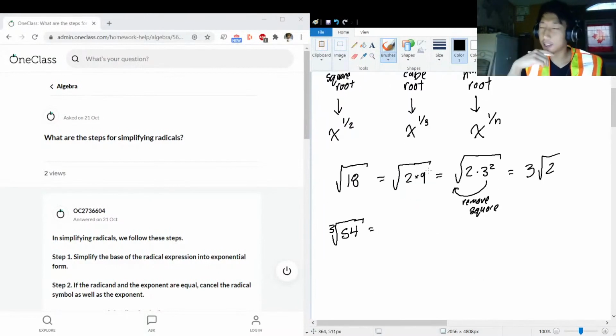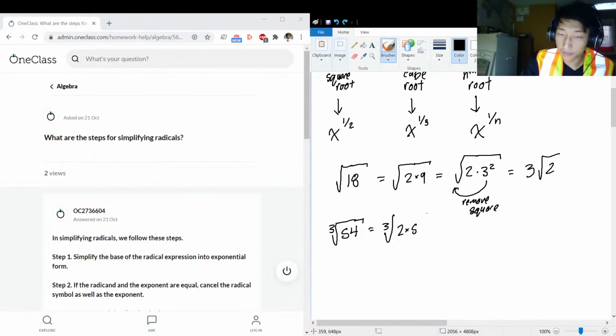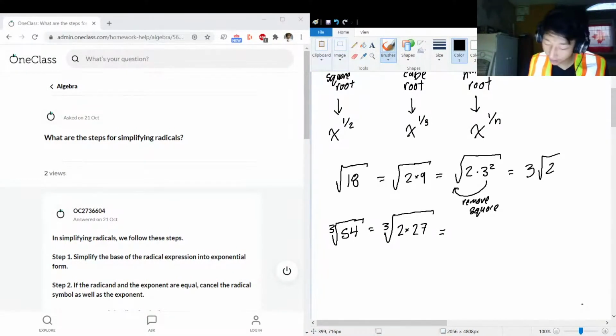According to my calculations, 54 is 2 times 27. That's 54, yep, sounds about right. So the cube root of 2 times 27. My apologies, the 2 and the 5 do have some similarities in their appearance, so please forgive that.